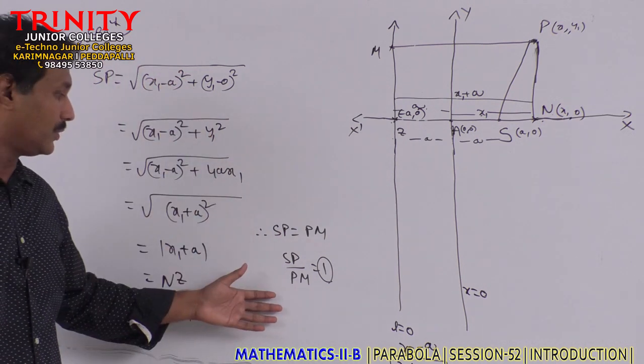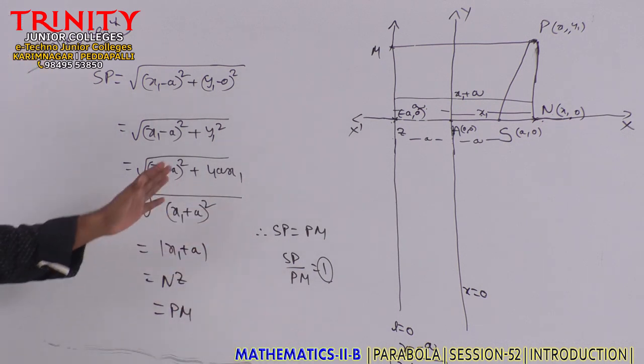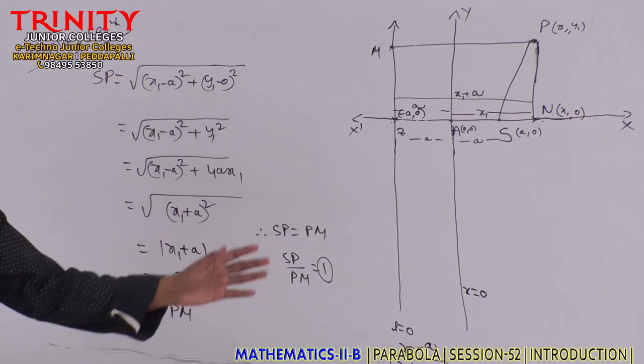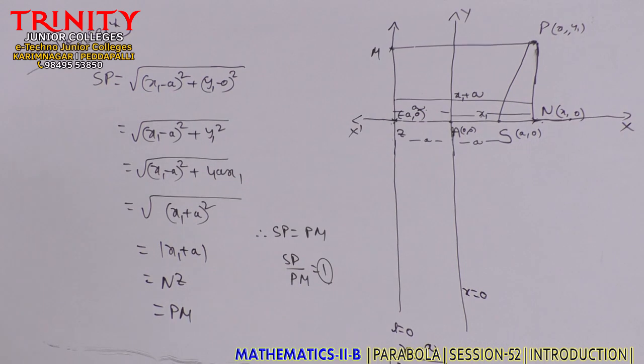Actually, we need not prove the converse. It is enough to prove that the equation of the standard form is y square equal to 4ax. Next, chord.